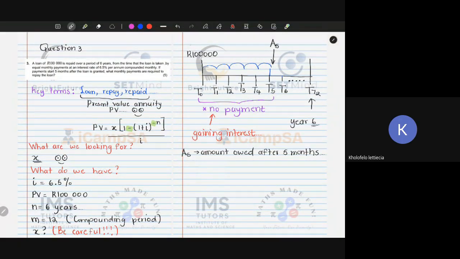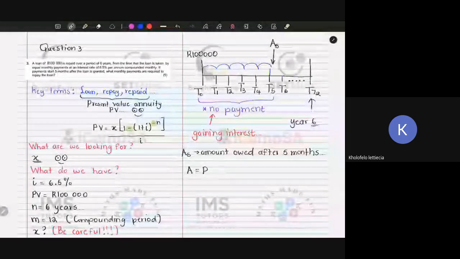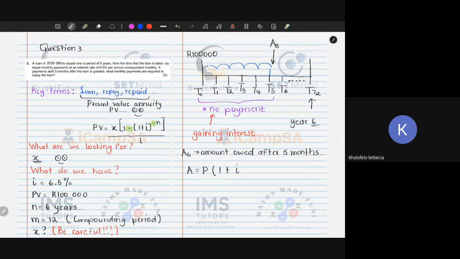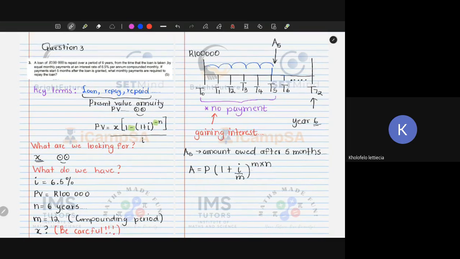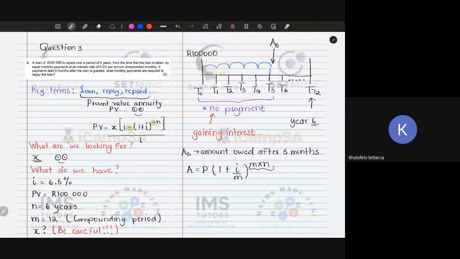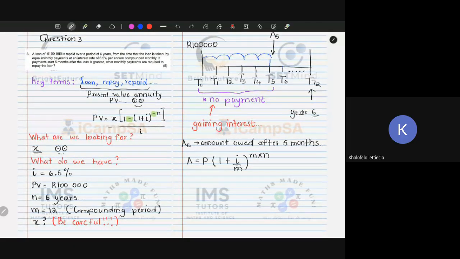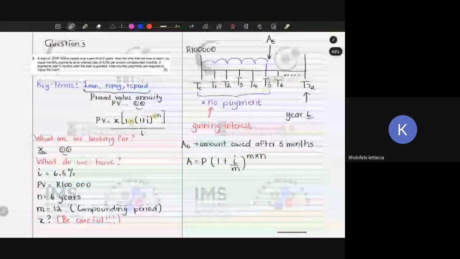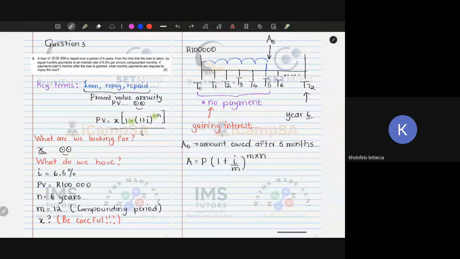So there's a compound interest formula which we learned. Do you remember, guys, that A is P into 1 plus i divided by m, all to the power of m times n? However, n is the number of payments we need to make. So we stayed without making payments for 5 months, and the value of the loan is 100,000.